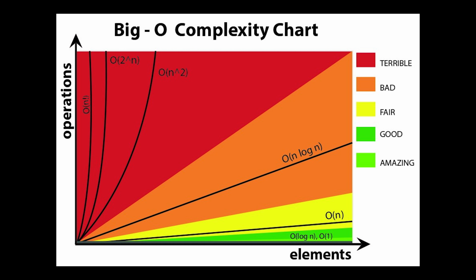Big O of n is better than the other four, and lastly big O of log n and big O of 1. These are the best time complexities of an algorithm as their operations remain nearly constant as the number of elements increases.